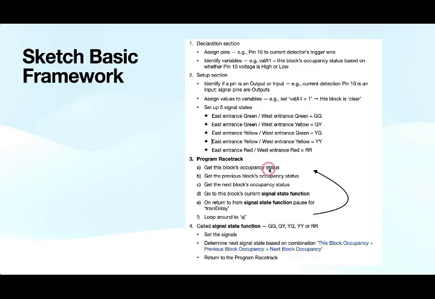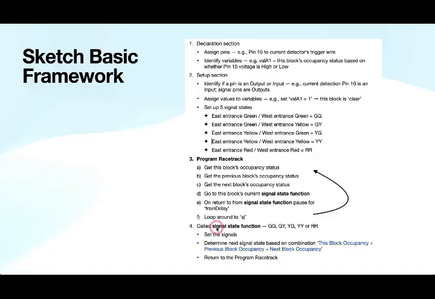And then we move into the void loop, which is essentially a program racetrack. Here we get our block's occupancy status. What's the previous block's status? What's the next block's occupancy status? We send all of that information to the signals, one of the signal state functions, and we return from that, pause for the train delay, and then loop back to the beginning.